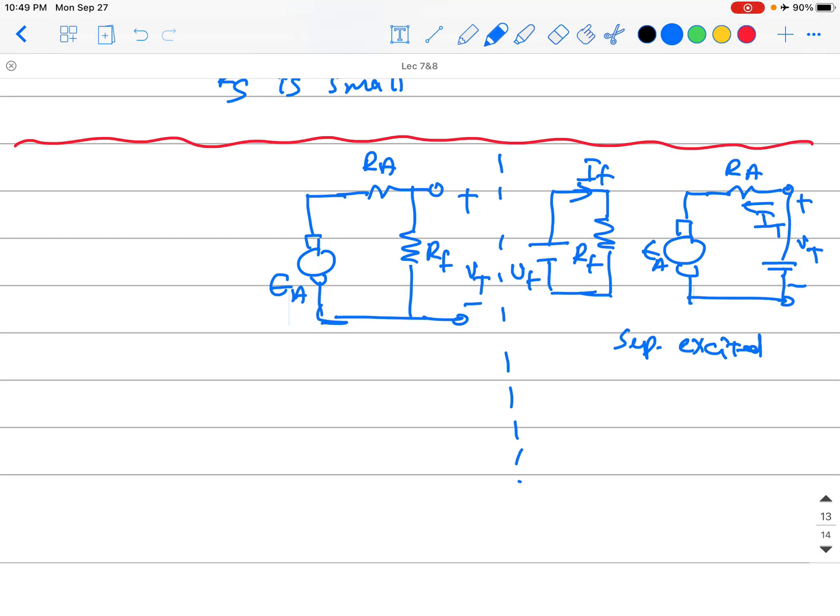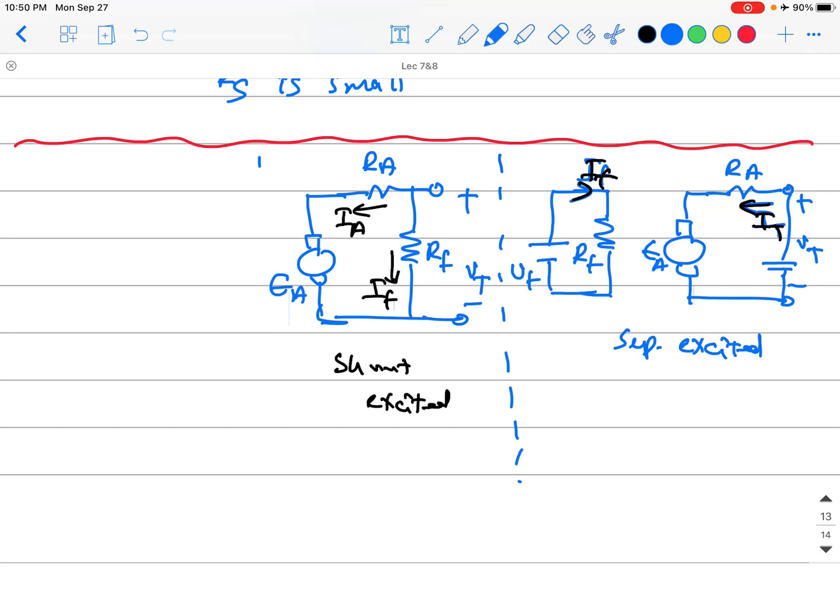Okay, that will be armature current, and that will be field current. Let me do this in black just for best visual. Okay, and this is shunt excited.